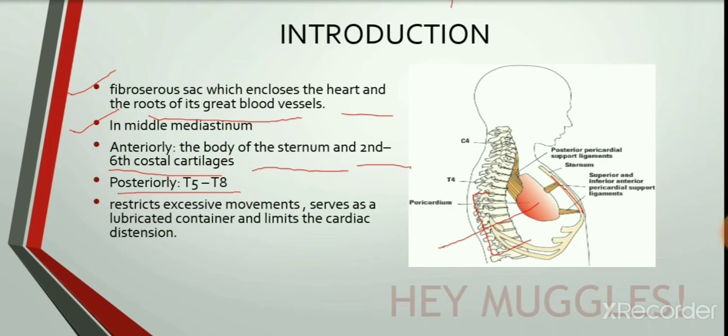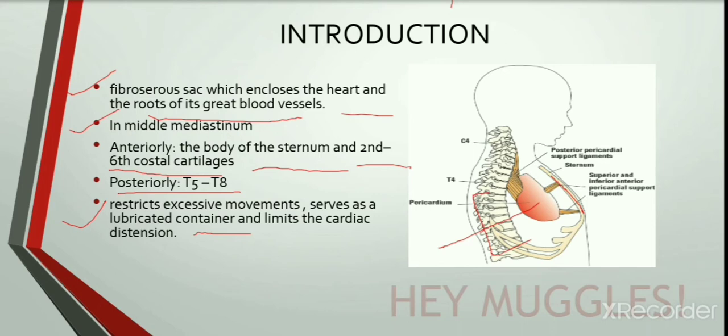Coming to the functions of your pericardium, it restricts the excessive movements of the heart. Secondly, it serves as a lubricated container. Your heart relaxes and contracts during pumping of your blood.